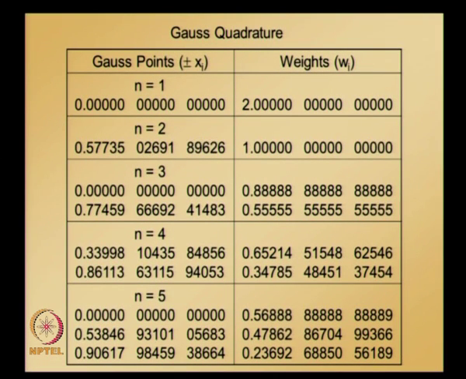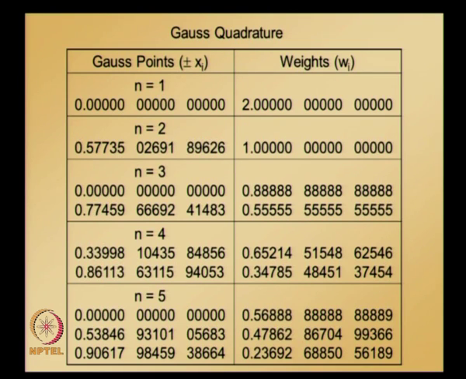In the last class, the values corresponding to n is equal to 1 were not shown, but here they are included. So, how to read this table? This table is partial, it shows from n is equal to 1 to n is equal to 5 the Gauss points and corresponding weights.